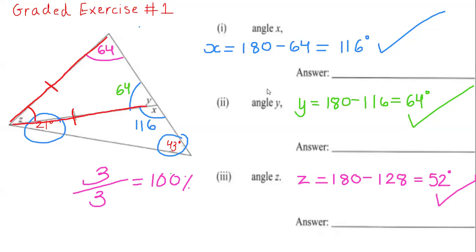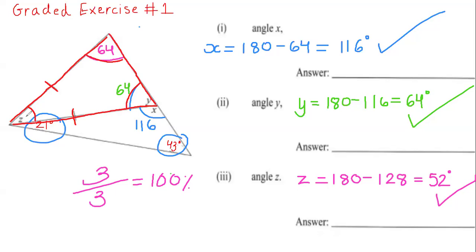That means the angle formed by these two sides must be the base angles. It can't be the one in the back. The one in the back is the odd man out.